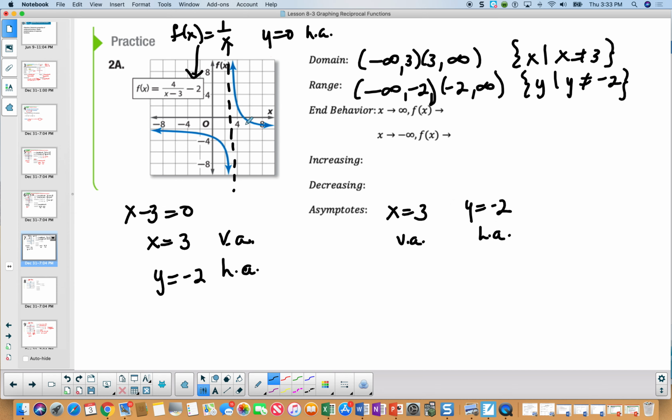Remember the end behavior as x goes to positive infinity or negative infinity, it wants to go to -2, which is not a surprise because y equal to -2 is my horizontal asymptote. It is not increasing because it's just this parent function that has been shifted, so it's decreasing over its domain, -infinity to 3, 3 to infinity.